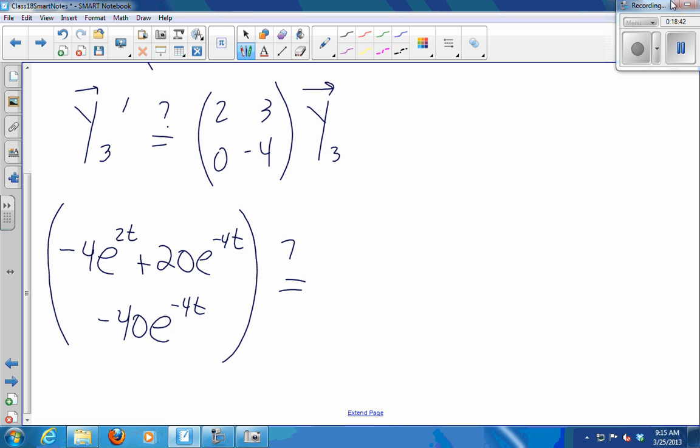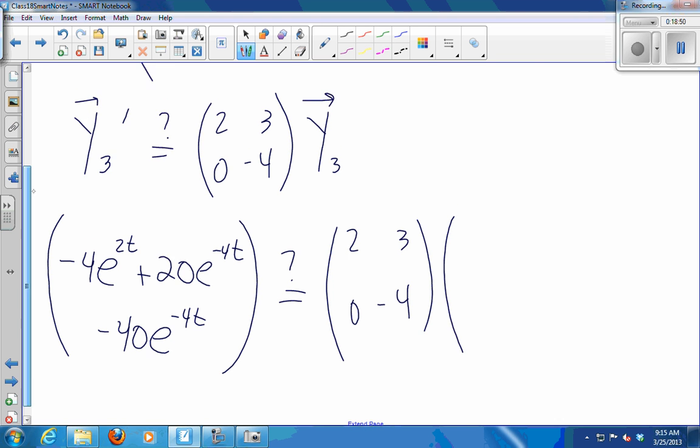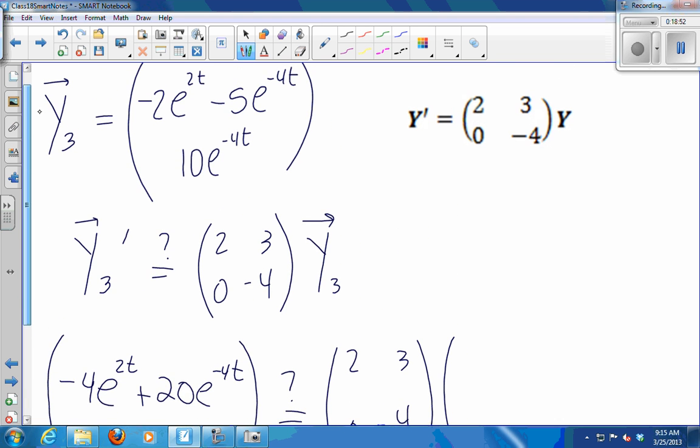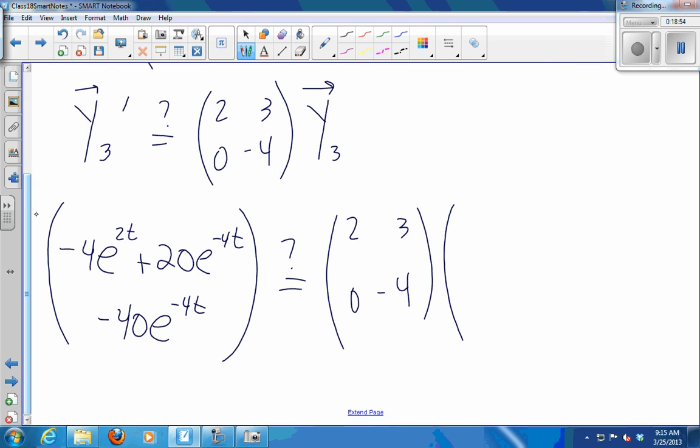So does that equal my matrix 2, 3, 0, negative 4 times my vector that is y3, this messy thing, negative 2 e to the 2t minus, thank you, and this one. Okay.